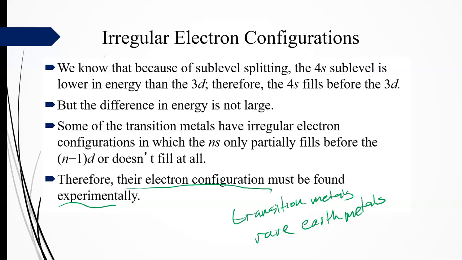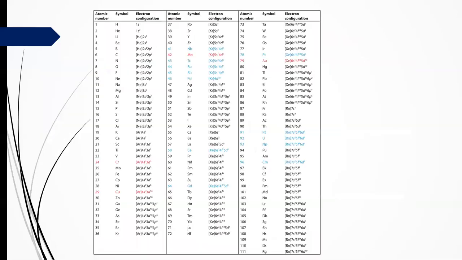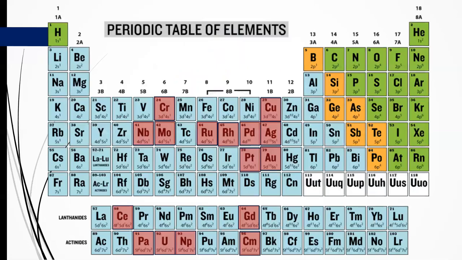In your book, they give you a table that has all of the electron configurations, and you can see all of these ones that are irregular, the blue or red ones, which is a lot to memorize. You can also see some of them highlighted here.